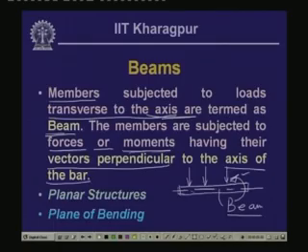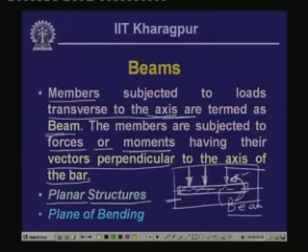Now, when all these forces acting on the beam member, which are transverse to this member, are acting in the same plane, this is the plane of the beam, and the forces acting on it along with the moment are in the same plane, and that is why we term these kinds of structures as planar structures.